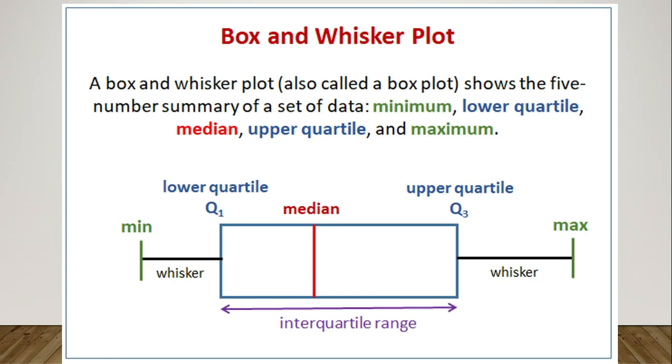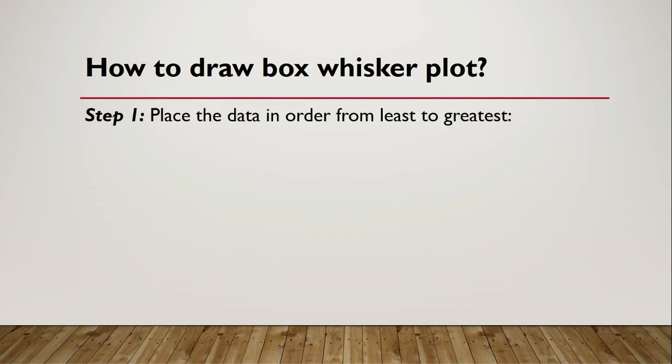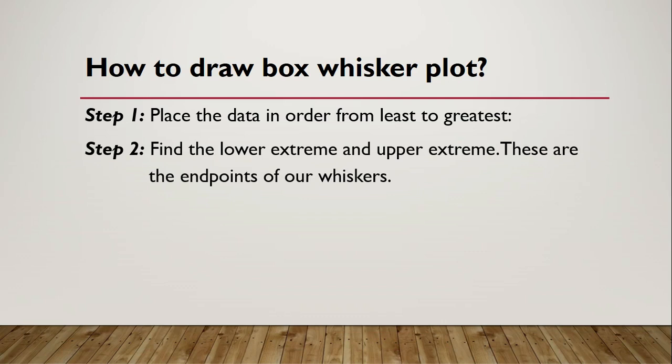Now, how do we draw a box and whisker plot? We have the following steps. Step 1, of course, we place the data in order from least to greatest. If we have a set of data, we arrange them in ascending order. In step 2, we find the lower extreme and the upper extreme, or the minimum and maximum value respectively. These are the endpoints of our whiskers.